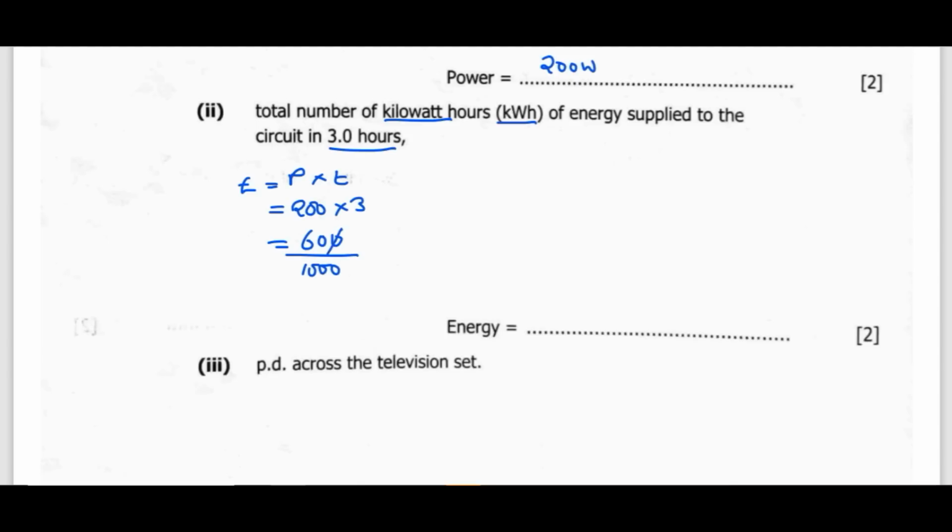So 600 divided by 1000 is 0.6, so we're going to have 0.6 kilowatt hours. So 0.6, then we have kilowatt hours.